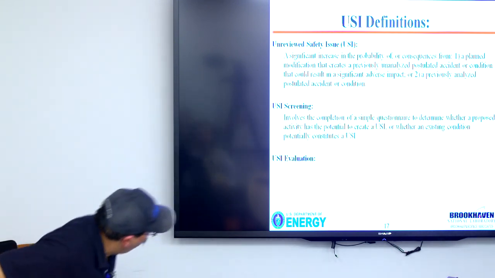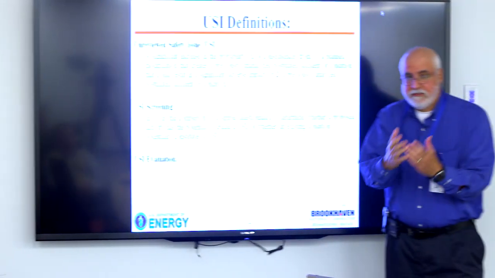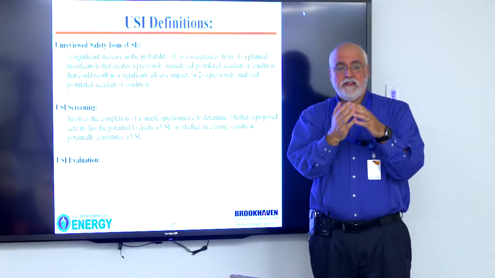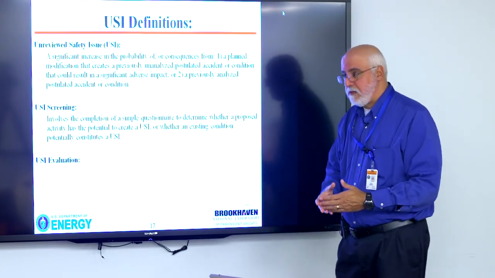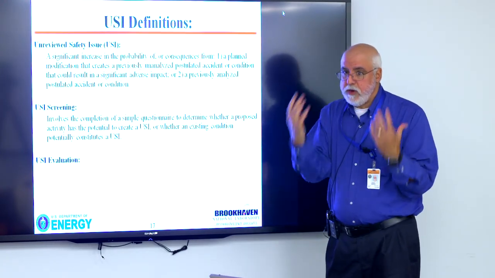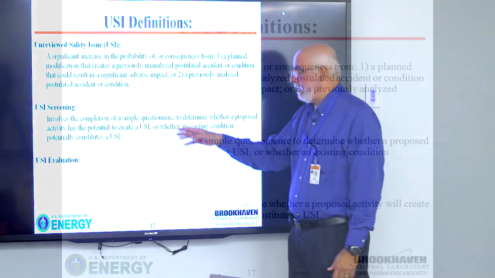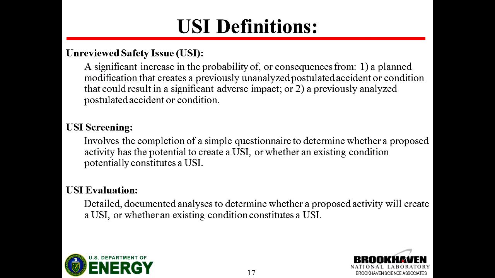Okay, so you know something that you believe is amiss that perhaps affects or compromises the credited controls. You raise that up to somebody. You're not a screener right now, but you raise it up. It will undergo a screening. That's a simple questionnaire, 8 questions, very coarse. It's a go, no-go kind of questionnaire, and we're going to look at that questionnaire in a little while.